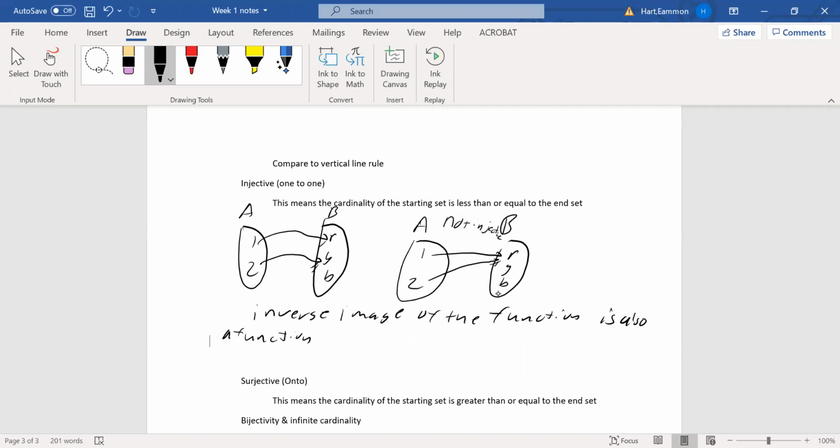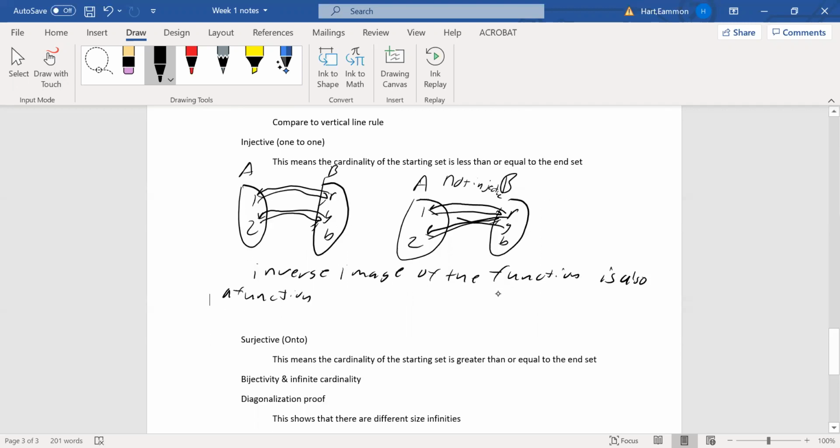In this case, because no two elements map to the same element, when I go back for the inverse image, each element only maps to a single element. Versus here, the inverse image of R maps to both 1 and 2, meaning that it would not be a function.